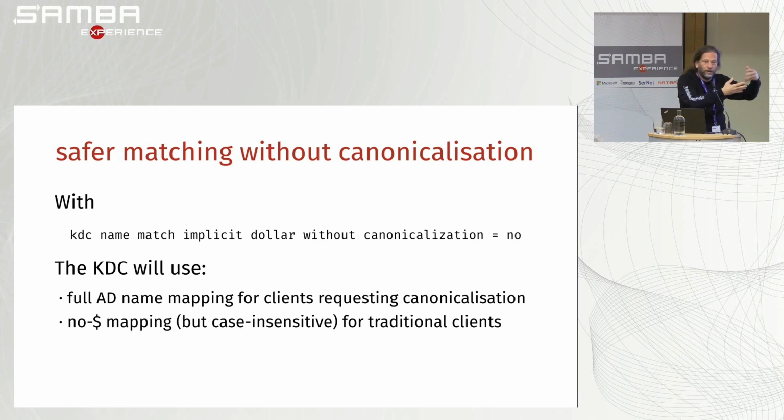It just doesn't go through again and look for the name with the dollar, which is just an extra step that happens in the Samba KDC. So you can, like either of these options, you should probably just set.